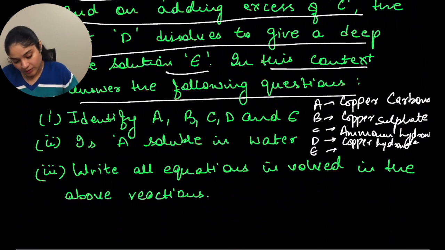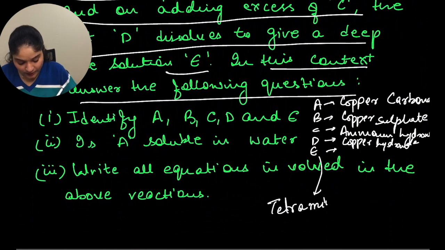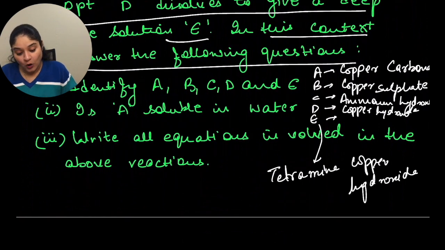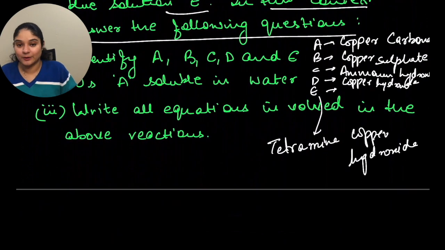And then it gives a deep blue solution E. This would be tetraamine copper hydroxide. So I'll just write it here. Tetraamine copper hydroxide. Now second, is A soluble in water? A is insoluble in water. Copper carbonate is insoluble in water.